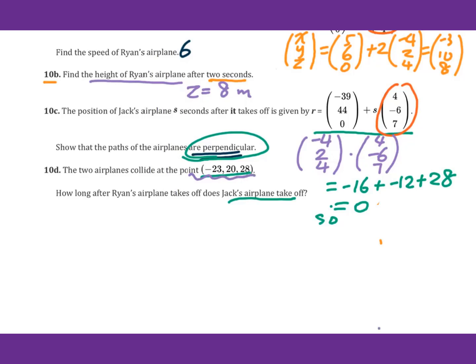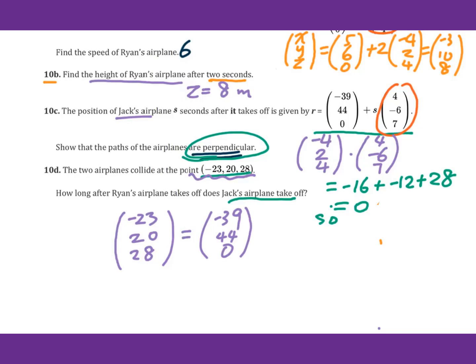So let's go to Jack's first. You will set up negative 23, 20, 28 equals negative 39, 44, 0 plus s times 4, negative 6, 7.